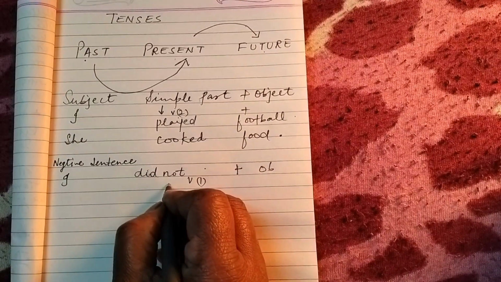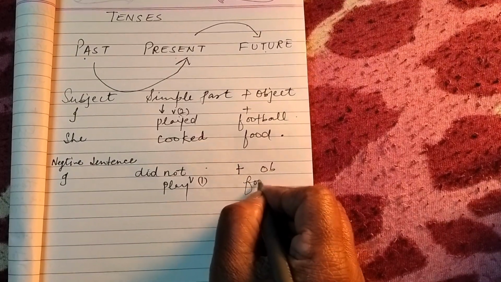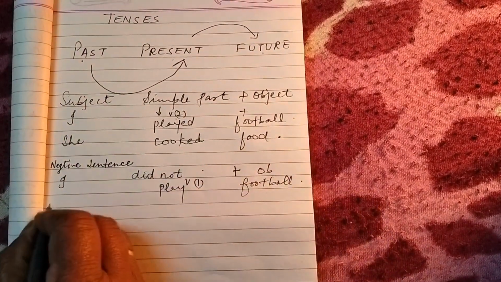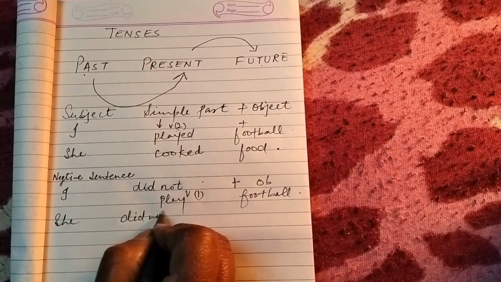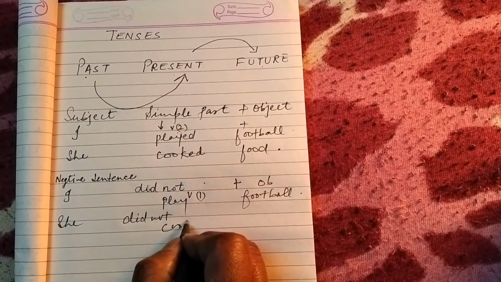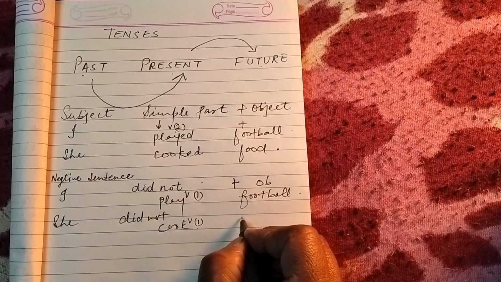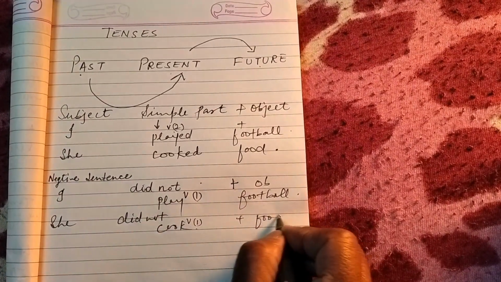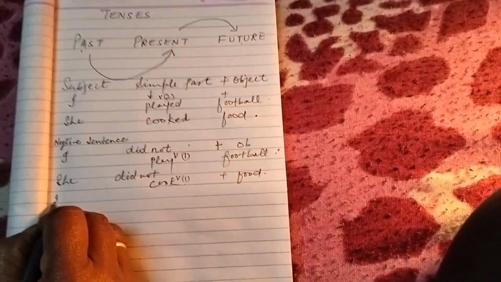I did not play football. She did not cook food. First form. Food is the object. Next, interrogative sentences.